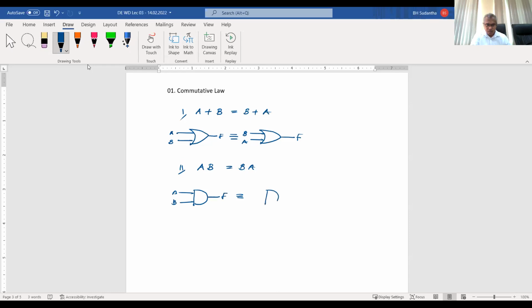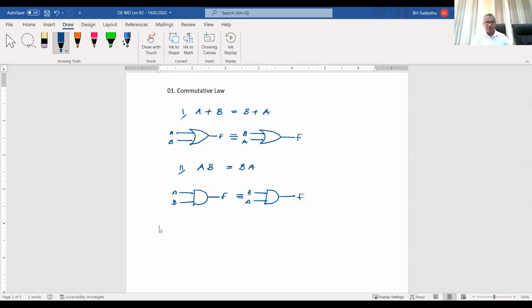It's almost the same thing you can do by interchanging the terminals also. But what is the summary of this one? What is the idea behind this?